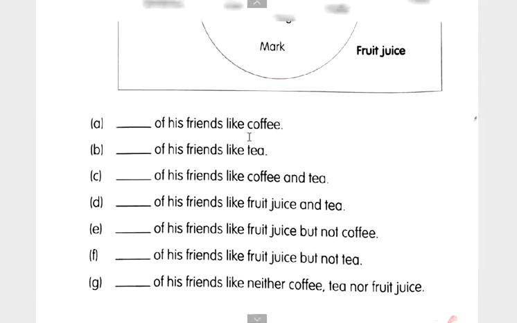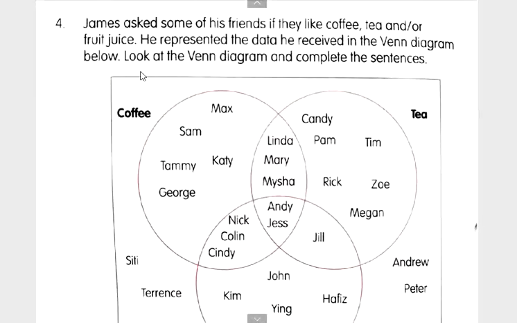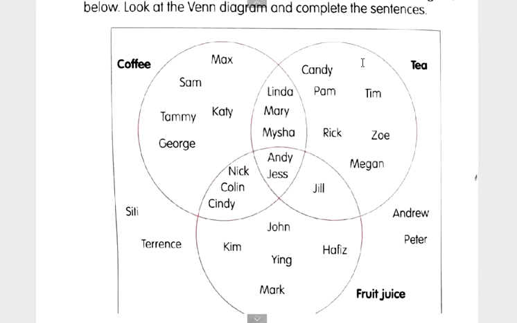Next, number 4. James asked some of his friends if they like coffee, tea, or fruit juice. He represents the data he received in the Venn diagram below. Look at the Venn diagram and complete the sentence.